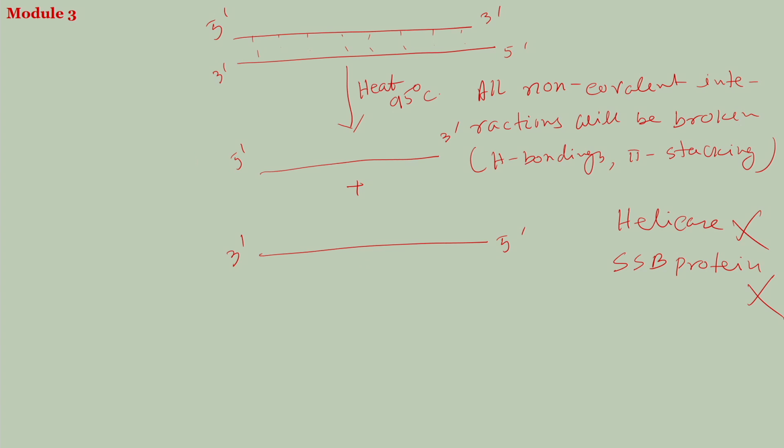So, let us take this strand first, I still call it leading strand and lagging strand, which was originally being called in the cell, but they are no longer actually leading strand, they are no longer lagging strand, they will behave as equal. Now, we will see. So, if you take this 5 prime to 3 prime, now if you want to make the complementary strand, what do you need?